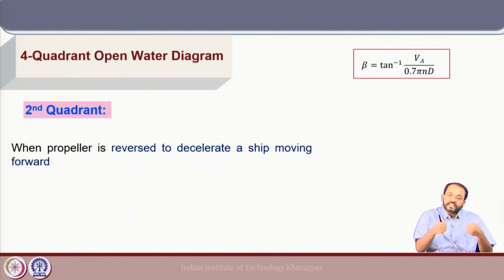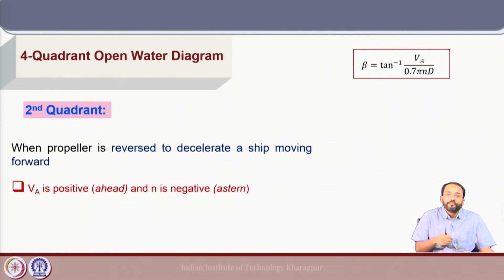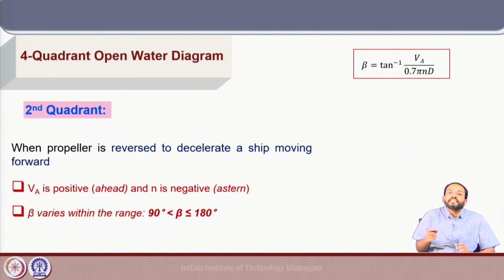So, Va is positive, but the propeller has already started rotating in the reverse direction, but because of the inertia the ship is moving ahead. Such a condition will have Va, the velocity of advance, as positive and N as negative. So, this is the case for the second quadrant where beta varies between 90 degrees and 180 degrees.